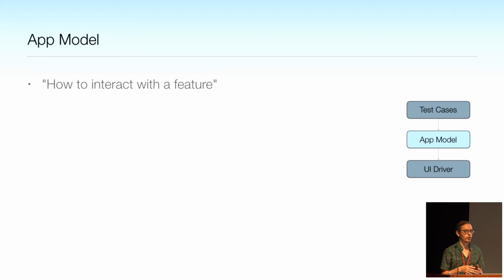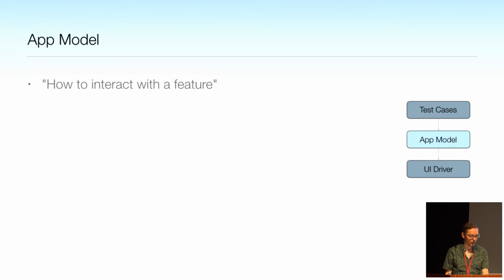So any flow that a customer can go and take through your app could be an app model step. So you're modeling your product as an API. You're not trying to model the code that you wrote to create your app, but you're modeling what the app actually does, what services it provides, what features it has, how they connect together.